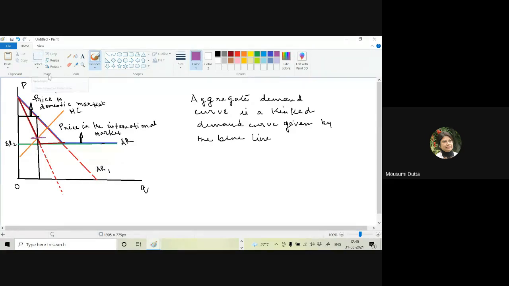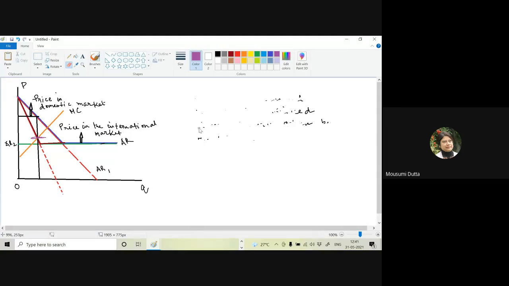So I want to draw another diagram where I'll be able to show you the distribution of total commodity. I don't know whether there is an easier way to rub on this.